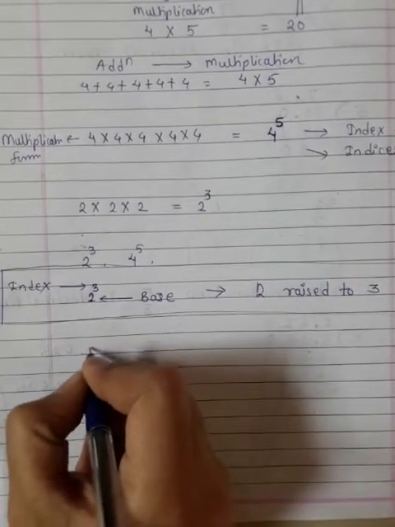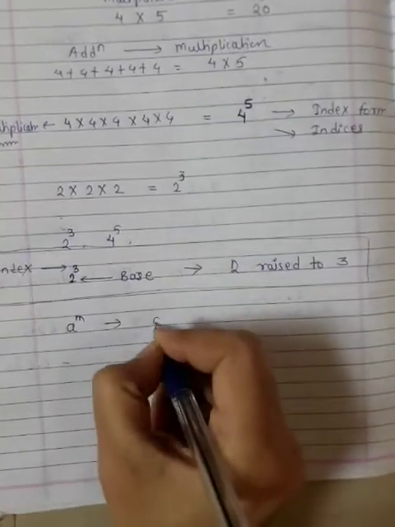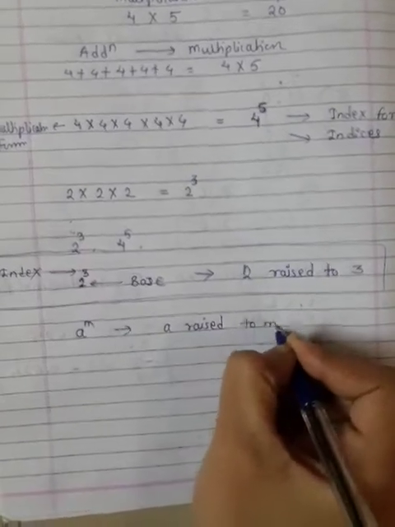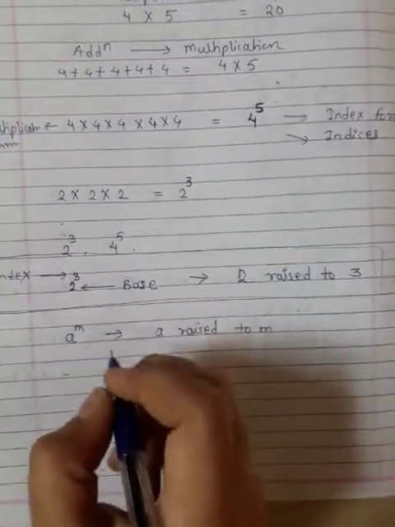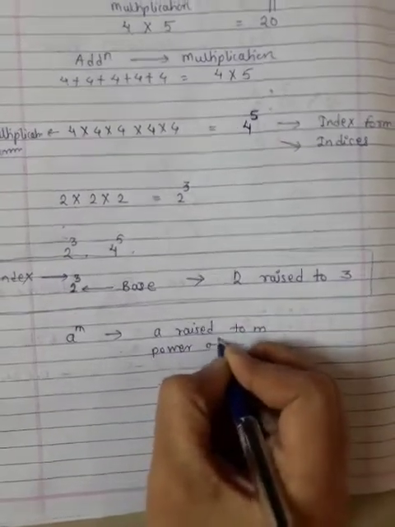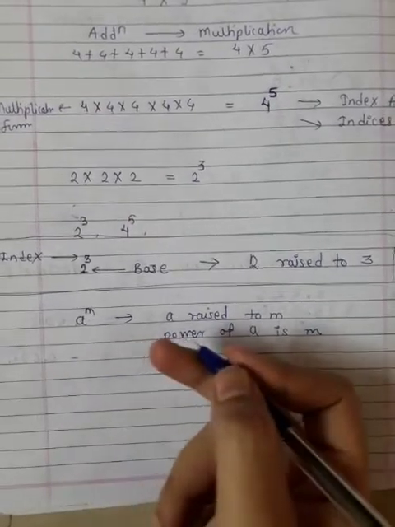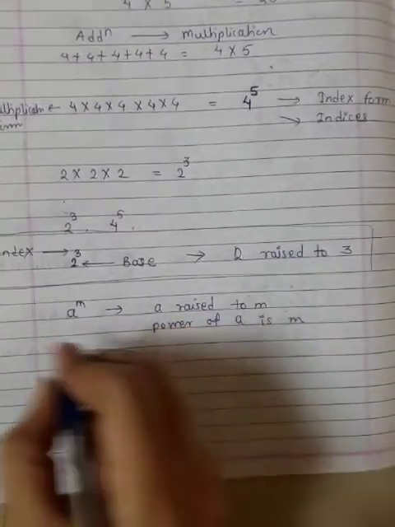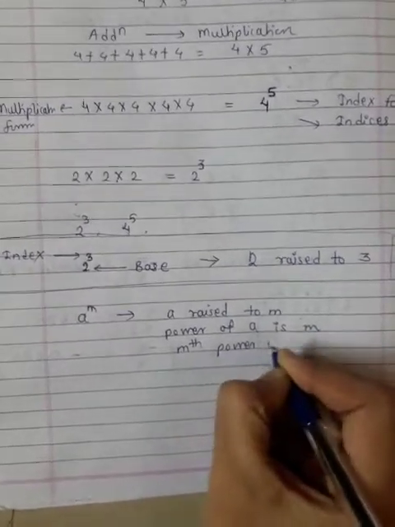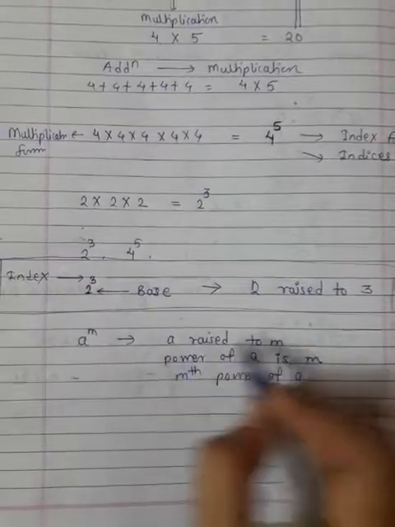If we have a number of the type a raised to m, then we read it as a raised to m, or power of a is m, or mth power of a. All these have the same meaning.